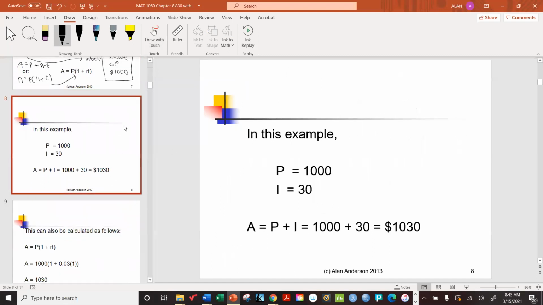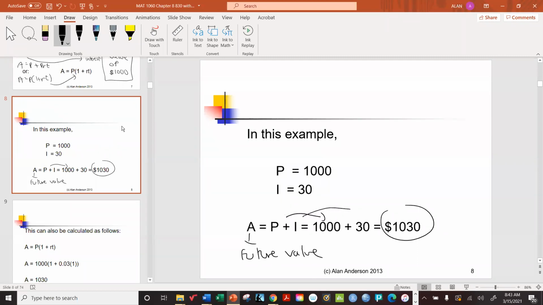In the next slide, you can see that this is exactly what we just saw earlier, that the future value is equal to 1030. And of course, that comes from our principal and our interest.